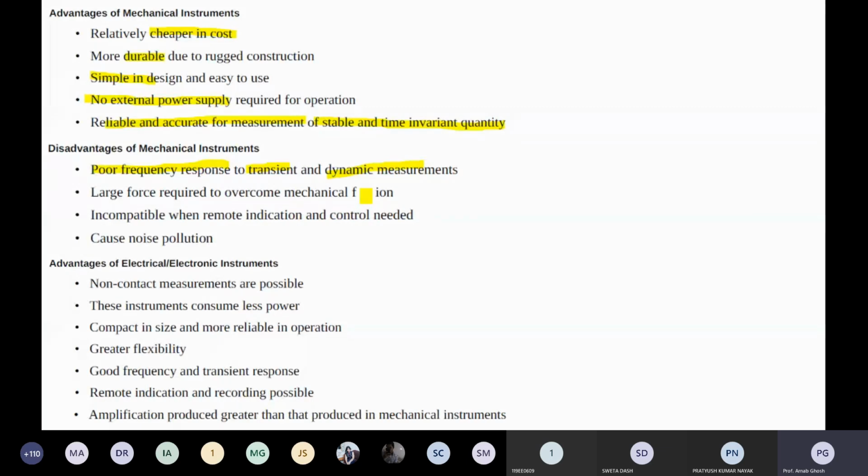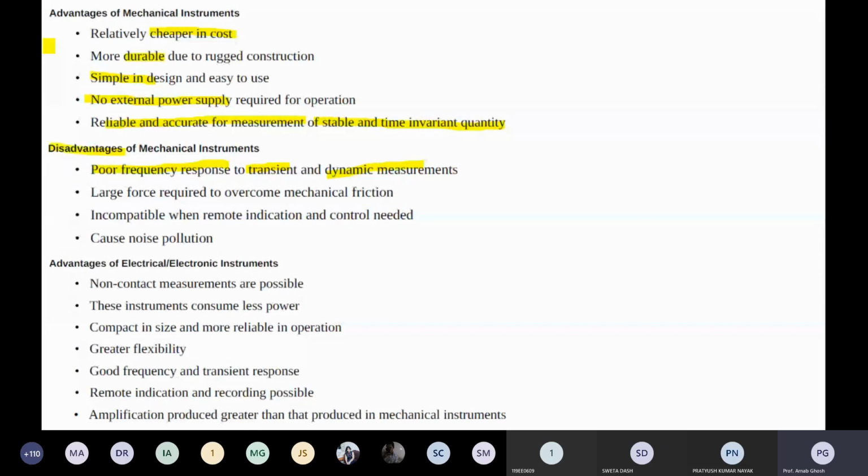So sometimes it does not give you a very good transient or dynamic response. It gives the best response in steady state; the initial result fetching capability is quite less in a mechanical instrument.